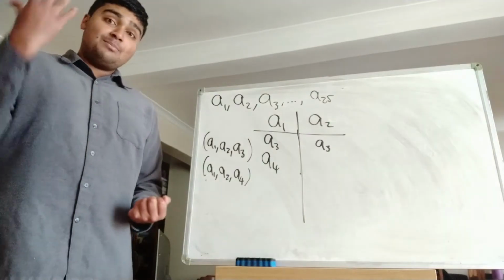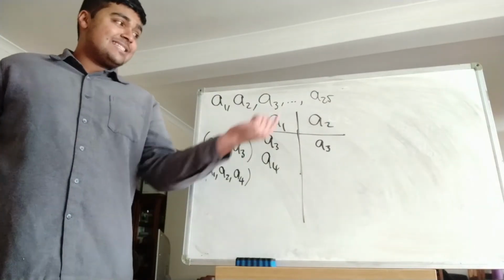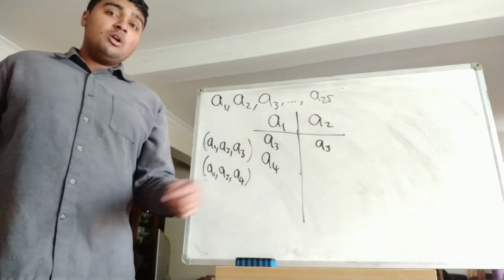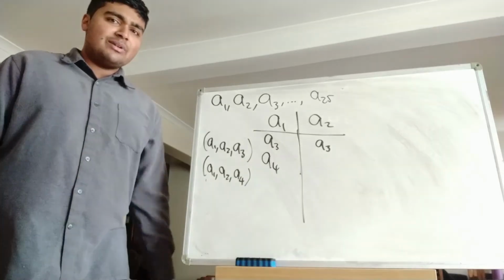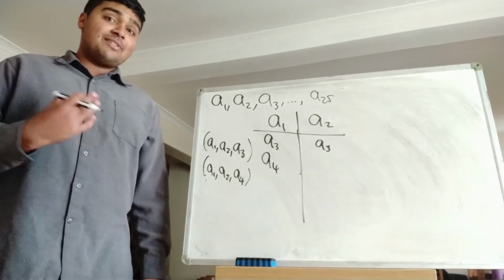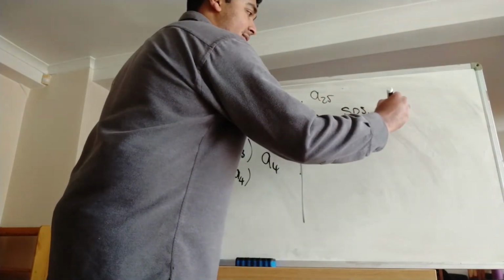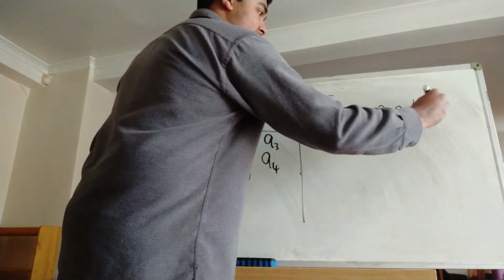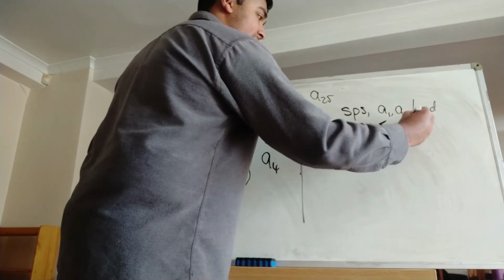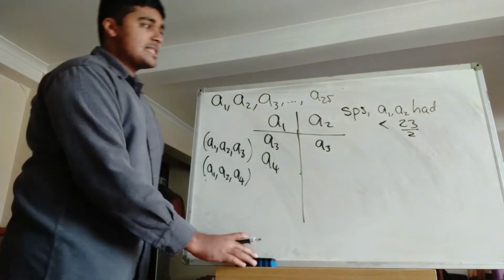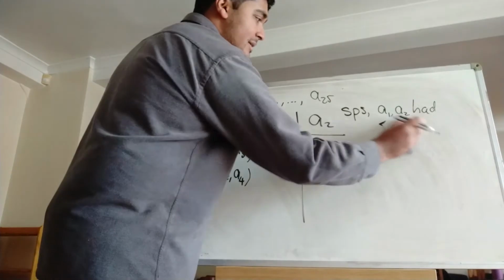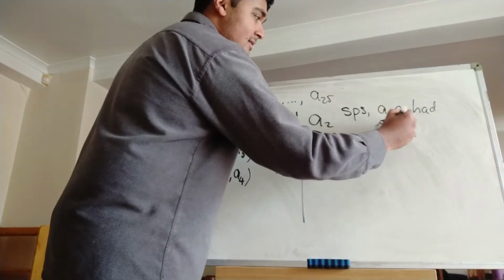Now, because of the pigeonhole principle, at least one of A1 or A2 will know at least 23 over 2 people. Because if that wasn't the case, suppose A1 and A2 each had less than 23 over 2 friends, and 23 over 2 is just 11 and a half, so they have less than or equal to 11 friends.